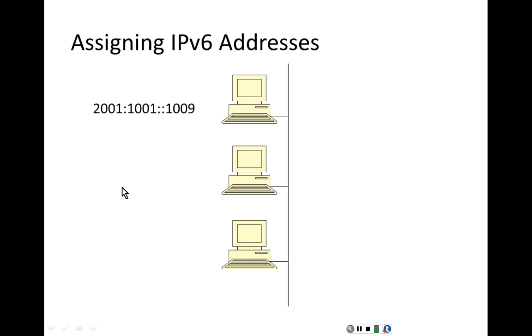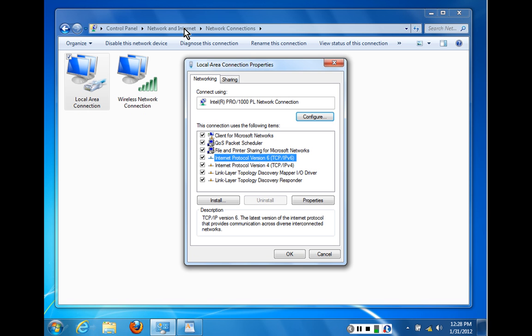So let's say we're going to assign this hexadecimal number, this IPv6 address, to this workstation right here, address 2001:1001:1009. So I go into Control Panel, Network and Internet, Network Connections, and I select IP Protocol version 6, followed by Properties.